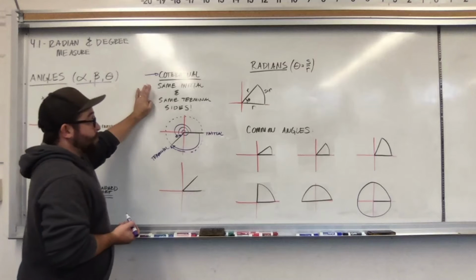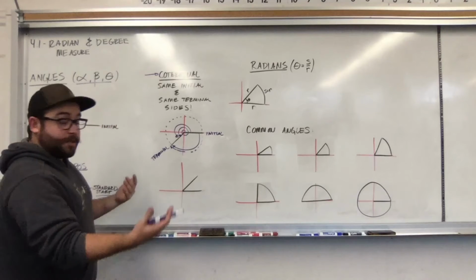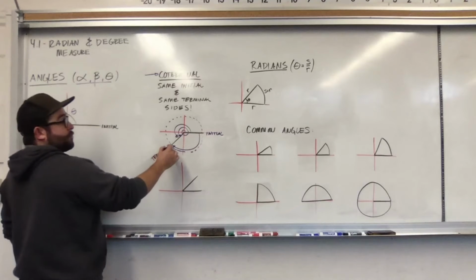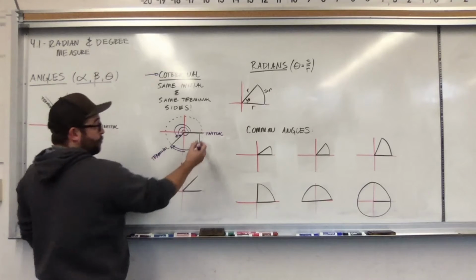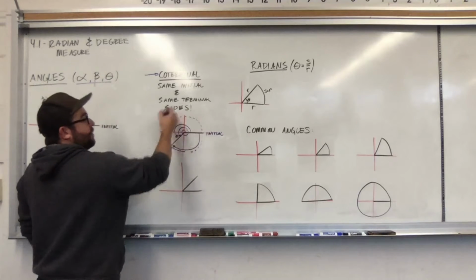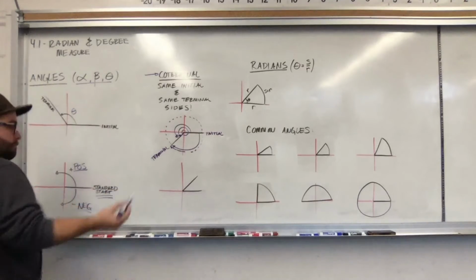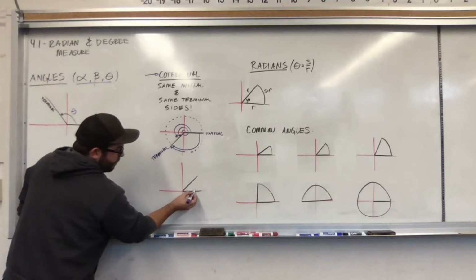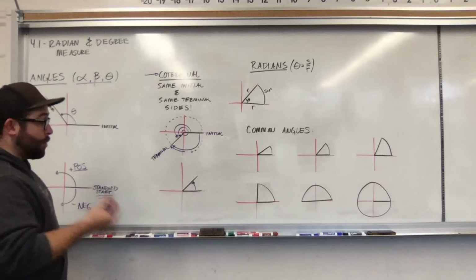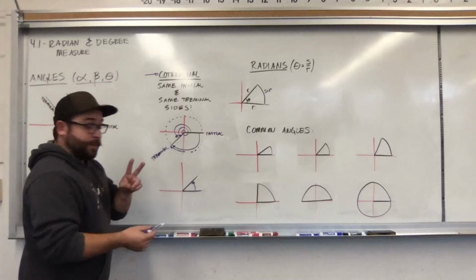So with coterminal angles, we can technically have an infinite amount, and we're either removing them from 2 pi, we'll see what 2 pi is, or removing them from 360 degrees, or adding copies of those rotations. Similarly, if I have just this little smaller angle, a coterminal angle, we could do one of two ways.